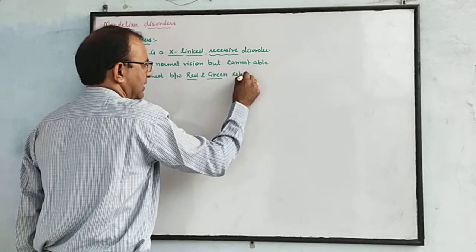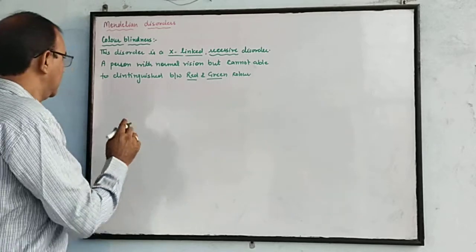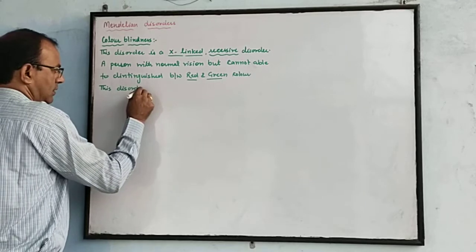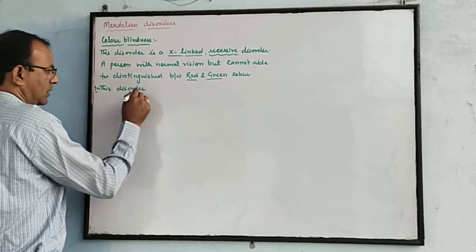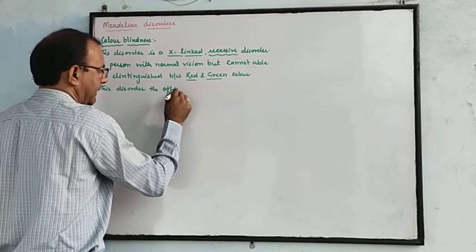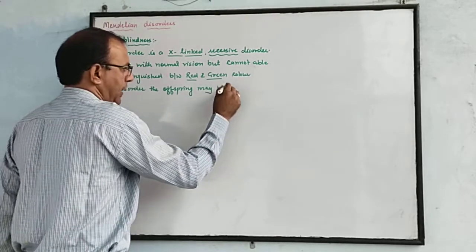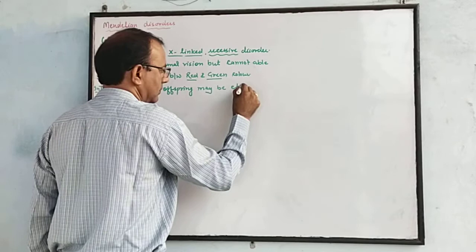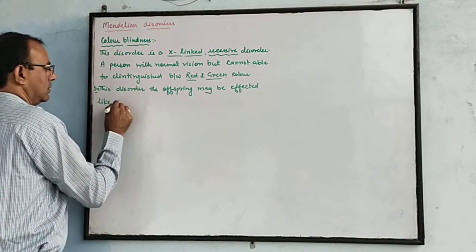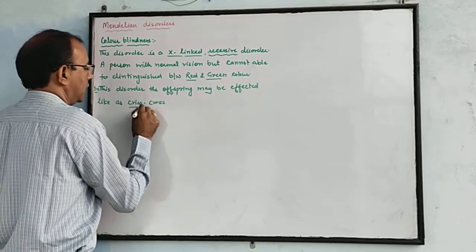A person can see the object clearly, but can't differentiate between red and green color. In this disorder, the next offspring may be affected like crisscross inheritance.